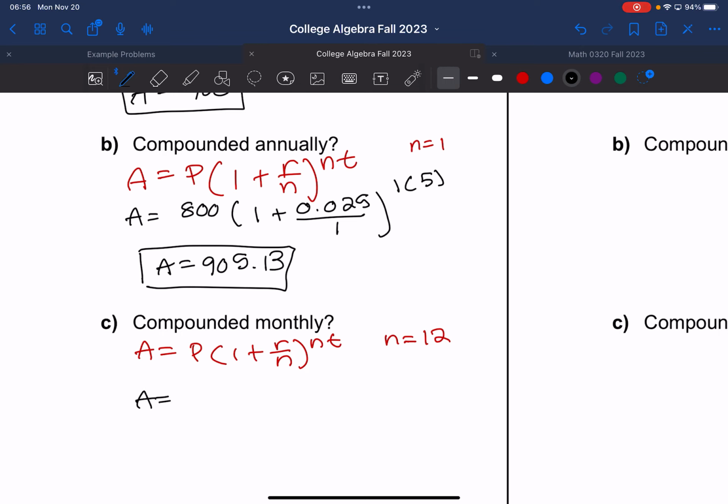So A is equal to 800 times 1 plus 0.025 divided by 12, to the power of 12 times 5. Same as above, instead of N equal 1, we're now plugging in N equals 12 because there's 12 months in a year.